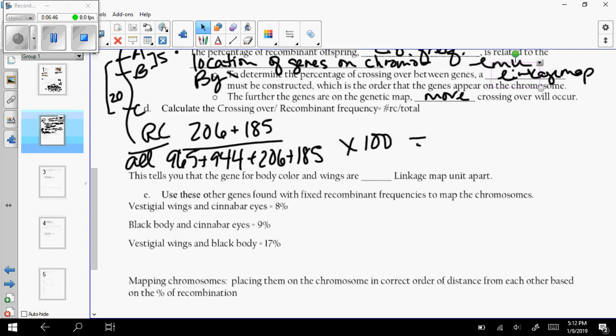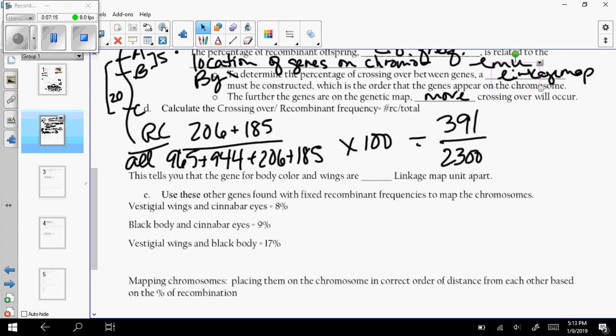I did not grab a calculator yet. Let me grab my phone. All right, let's do this math. 965 plus 944 plus 206 plus 185 gives me 2,300 on the bottom, and 206 plus 185 is 391 on top.